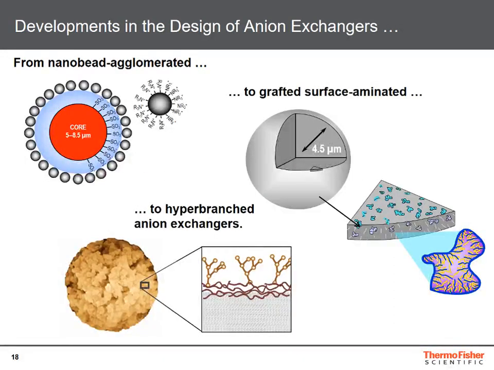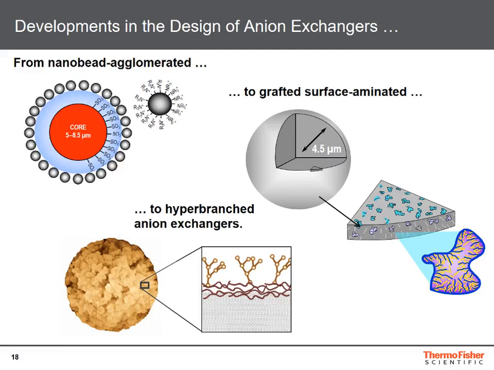This slide summarizes the three major types of anion exchangers used today. On the upper left, we see the schematic of a nanobead agglomerated material, which was originally developed by Hamish Small at the Dow Chemical Company.